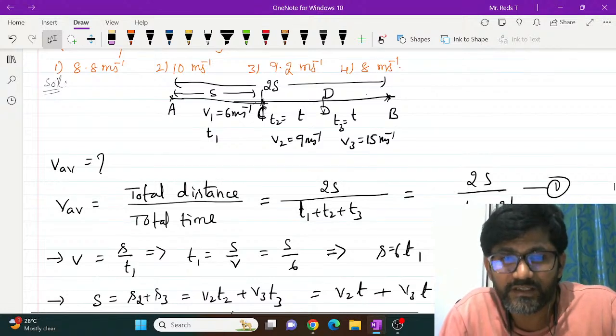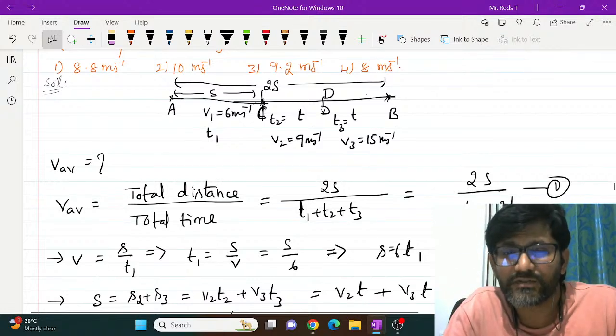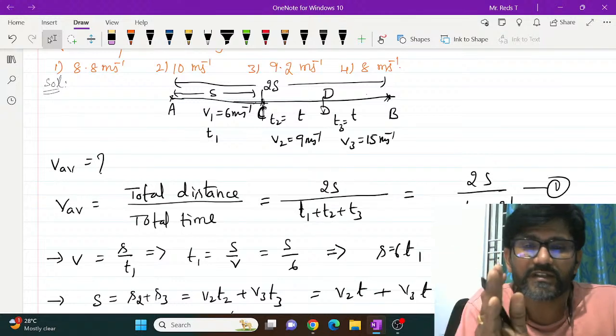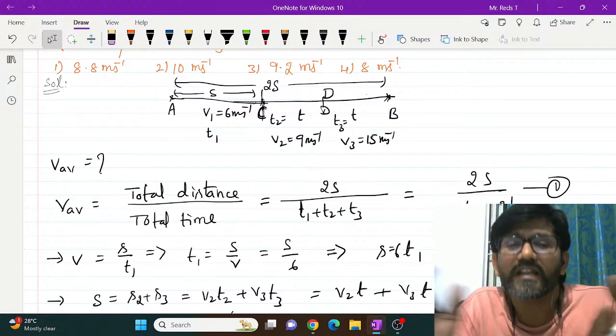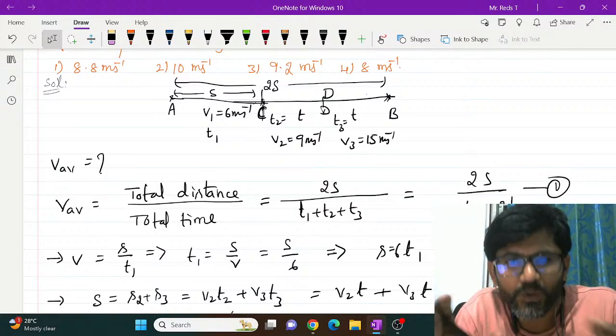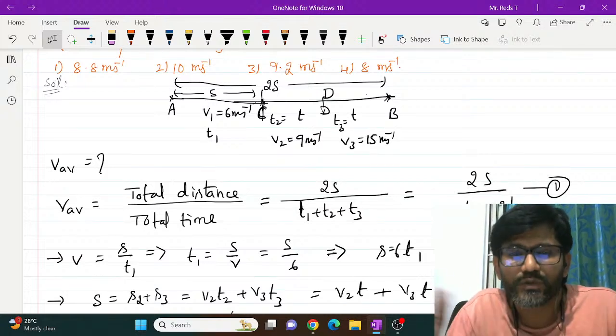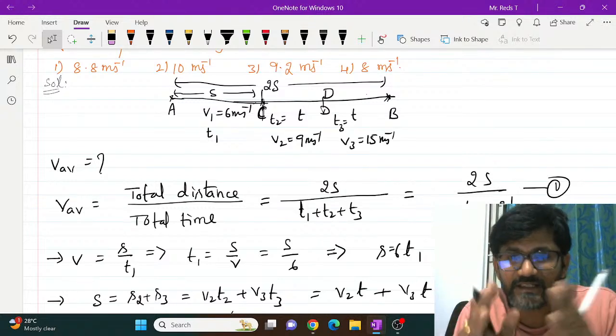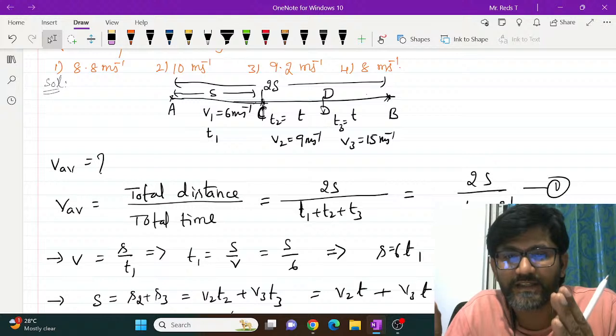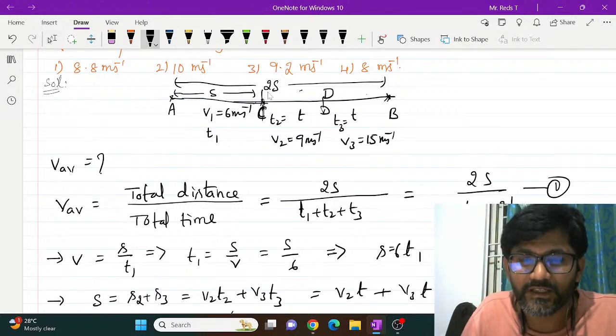If you take S, then the first half distance will be S by 2 and the second half distance, that is CB in the diagram, should be S by 2. That way also you can take it, nothing wrong. For convenience we have taken the total as 2S, then the first half, that is AC, is S, and CB is S.